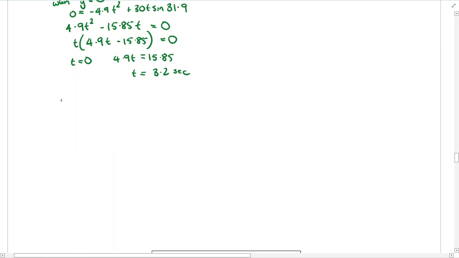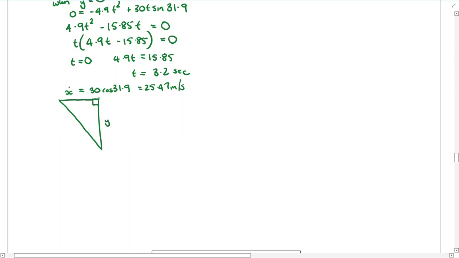If this is my angle on impact, then on impact, I'm going to have velocity equals, the equation was 30 cos theta, but my angle was 31.9, so that's equal to 25.47 meters per second.